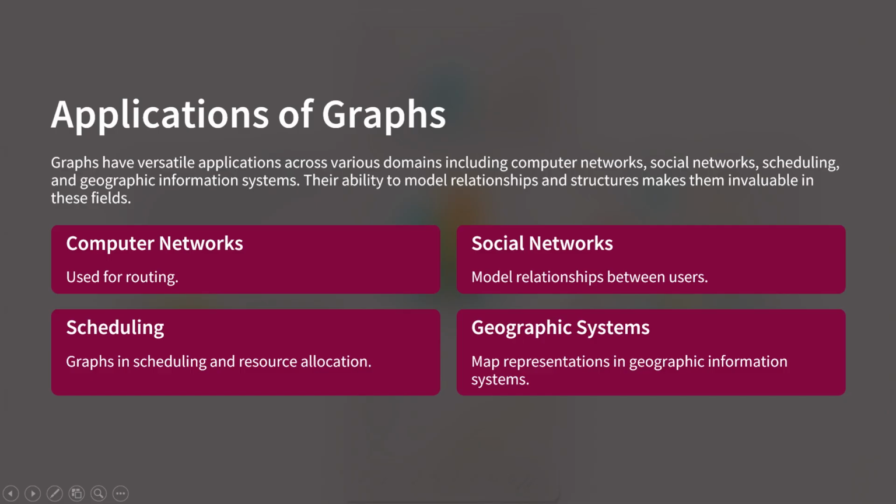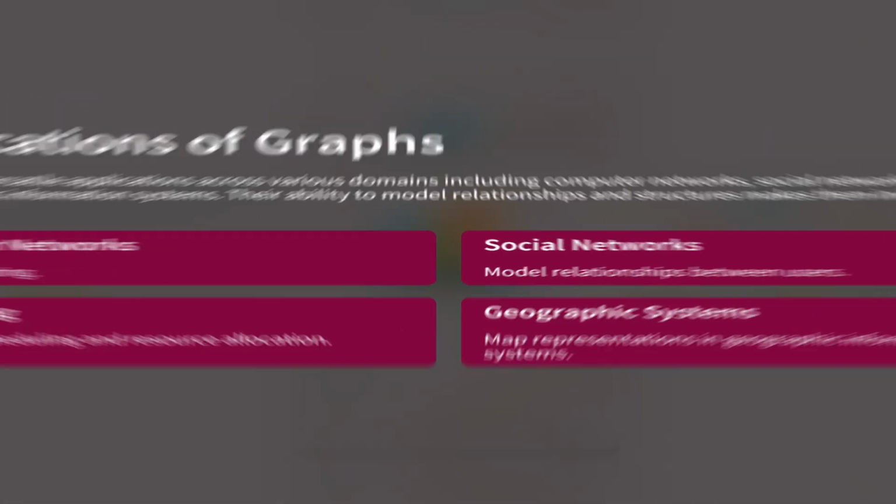Social networks are perhaps the most famous example, using graphs to model friendships, influence, and information flow. And in geographic information systems, graphs form the basis of road networks for navigation and logistics.